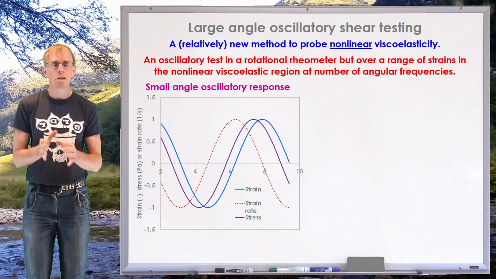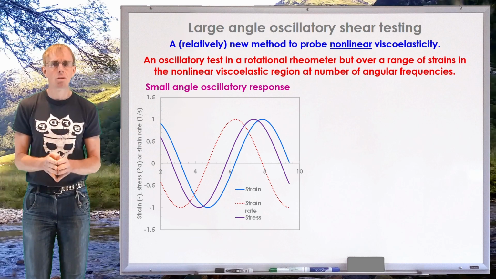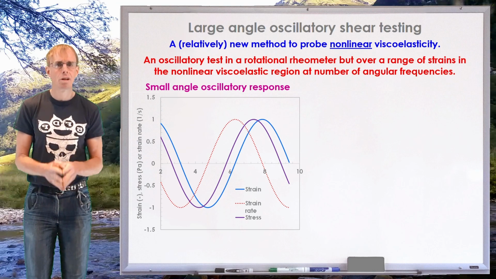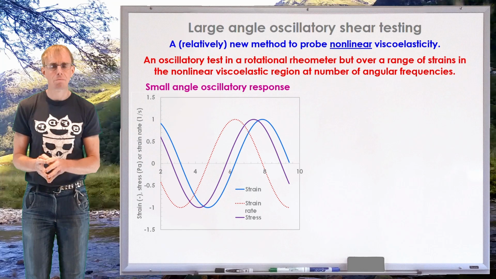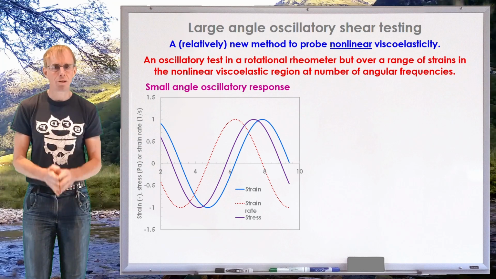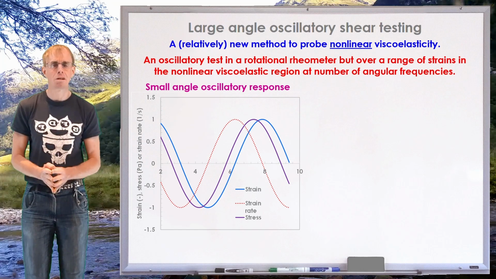And so the portion of the stress that's in phase with the strain is the elastic component, and the portion of the stress that's in phase with the strain rate is the viscous component. But typically you will get a sinusoid if you look at the small angle experiments.